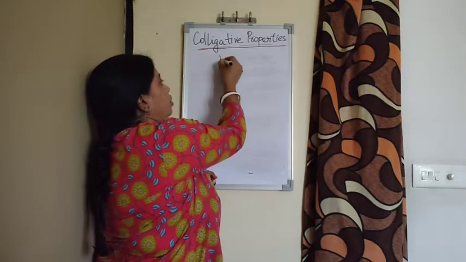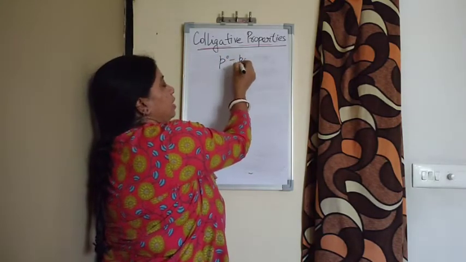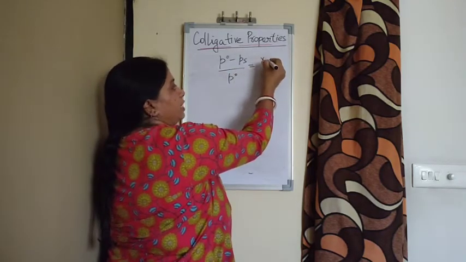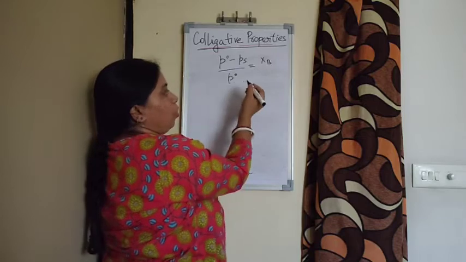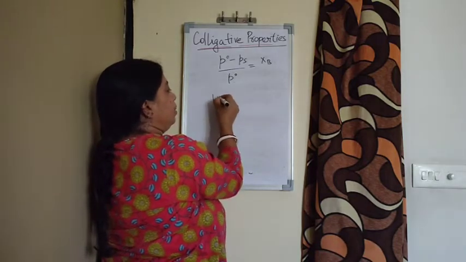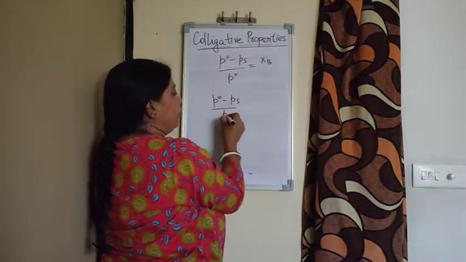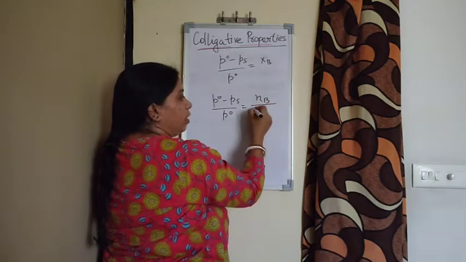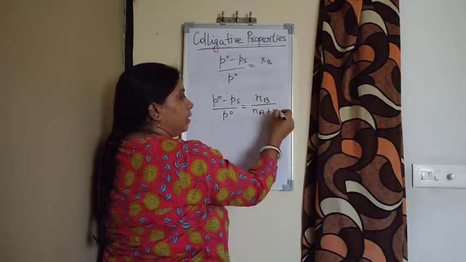So our equation becomes P naught minus PS upon P naught is equal to XB, or we can say P naught minus PS upon P naught is equal to NB upon NA plus NB.